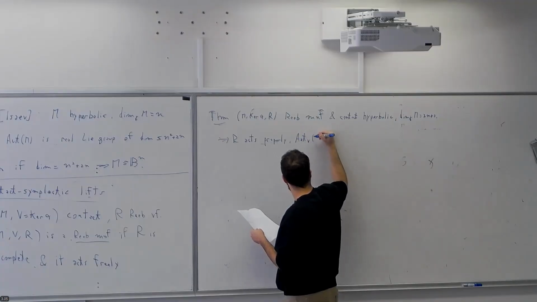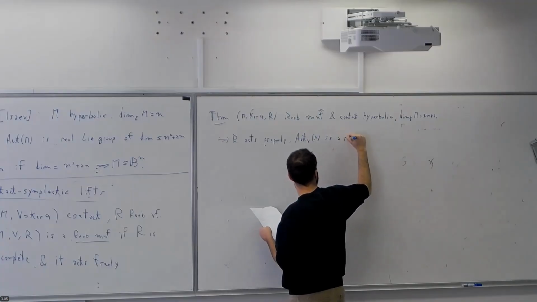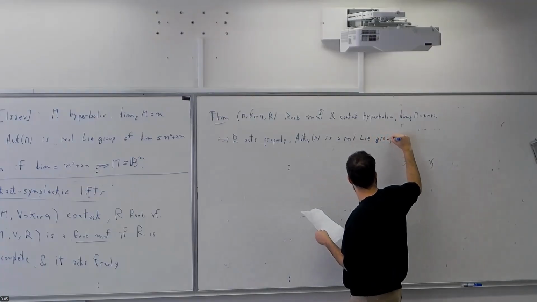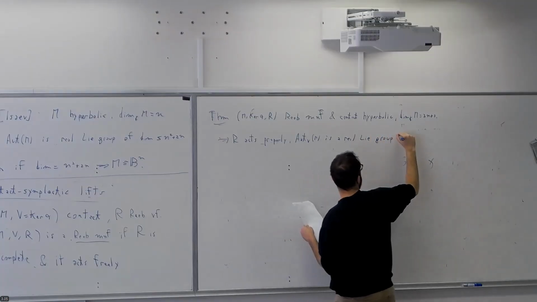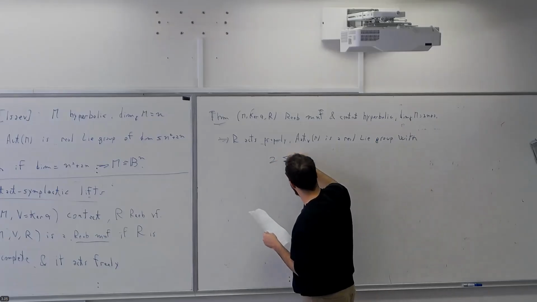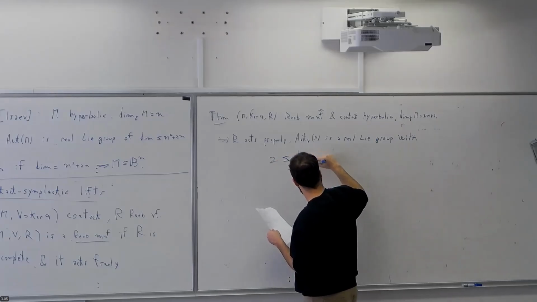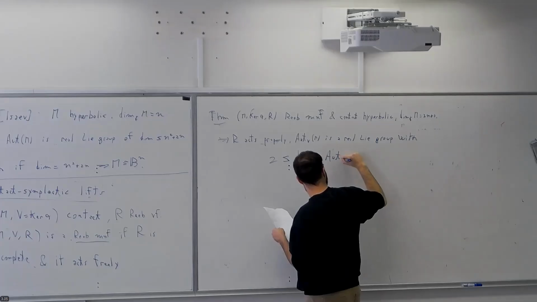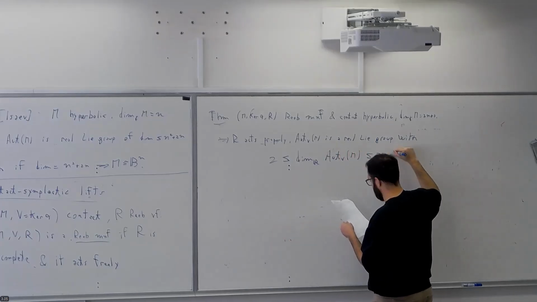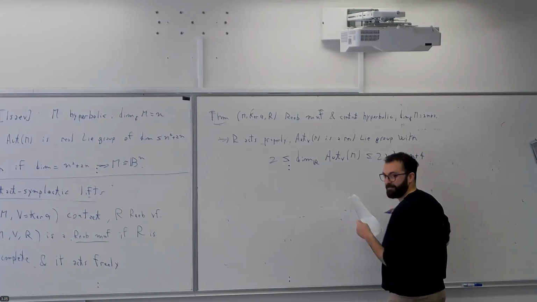The automorphism group is a Lie group with dimension between 2 and 2n squared plus 5n plus 4.